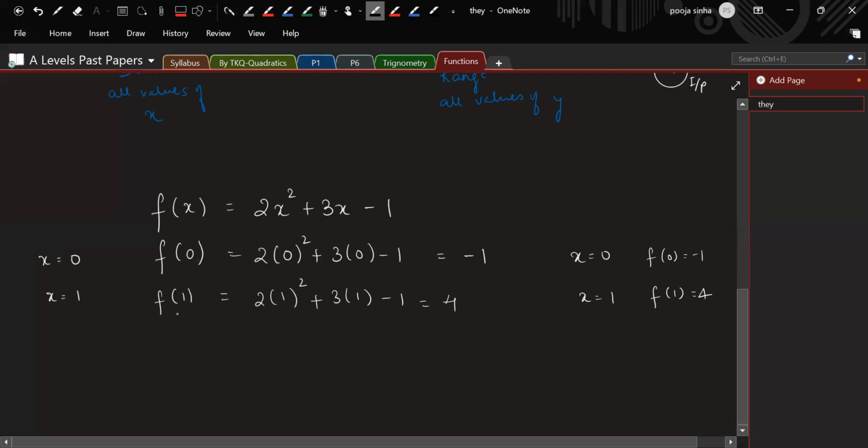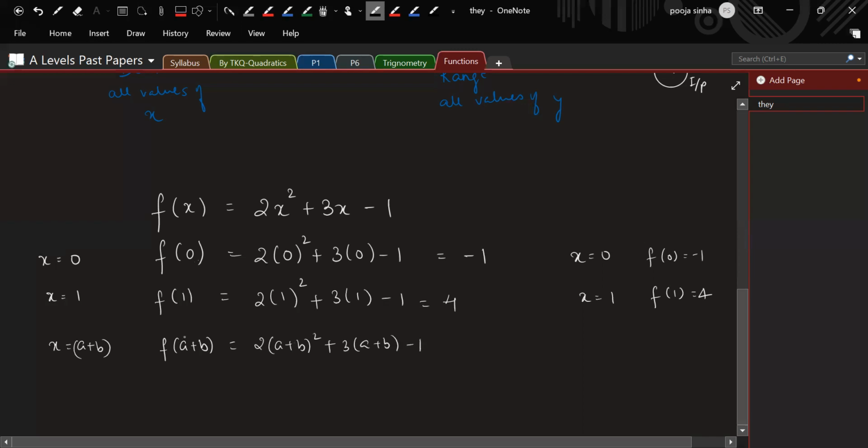What if I put a variable inside this? Suppose I put x is equal to a plus b. What will happen then? f(a plus b) is equal to 2 bracket a plus b the whole square plus 3 bracket a plus b minus 1.